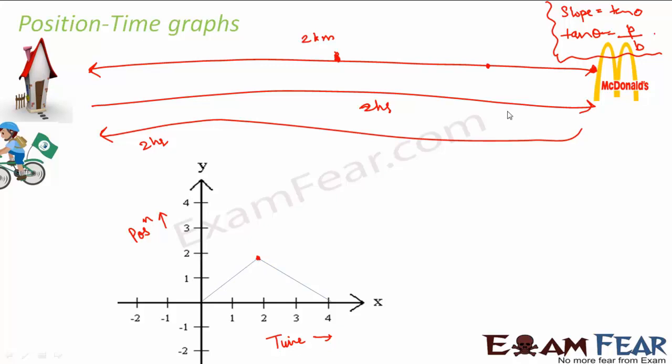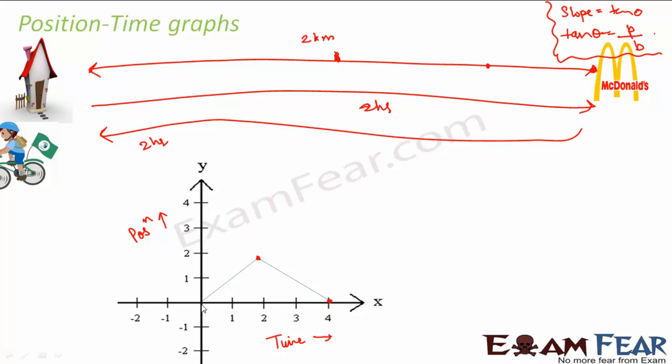Now once it reaches this point, what happens? The object starts moving in the opposite direction. Since here we are talking about displacement, direction plays a role because displacement is a vector quantity. So what will happen in this case? The direction gets reversed, and that is why again the position of the object changes with increase in time.